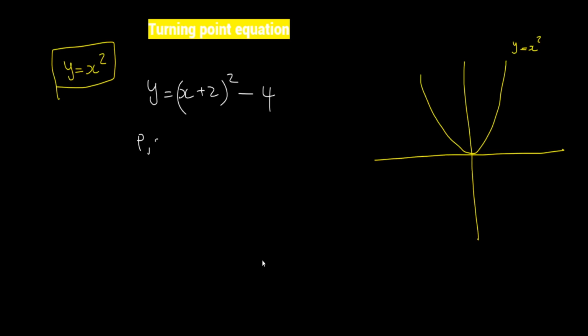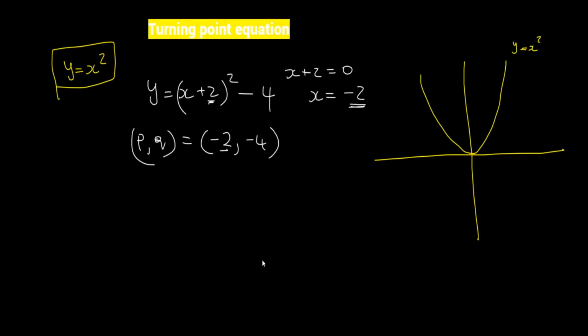We have p and q. The value of p is minus 2 and the value of q is minus 4. Why minus 2, when we have 2 here? Remember I said you're going to have to equate this to 0, and x is equal to minus 2. So the value of p is the opposite sign of what is written here. So p is going to be negative 2.